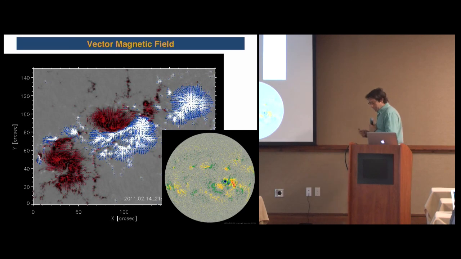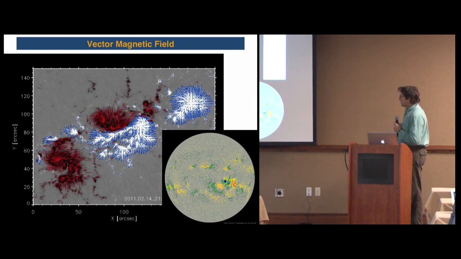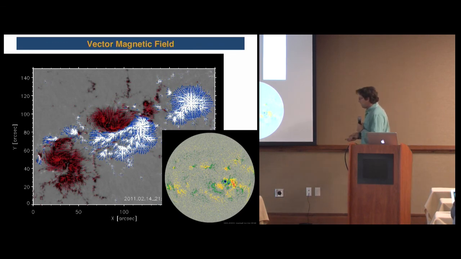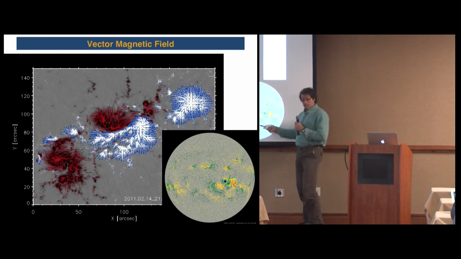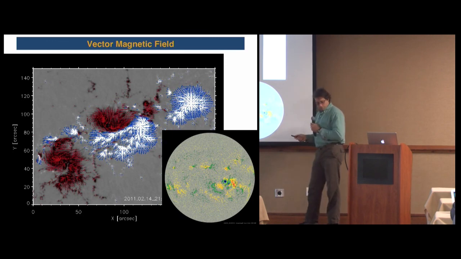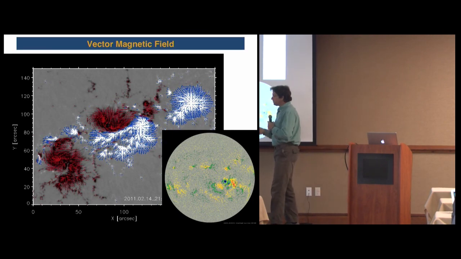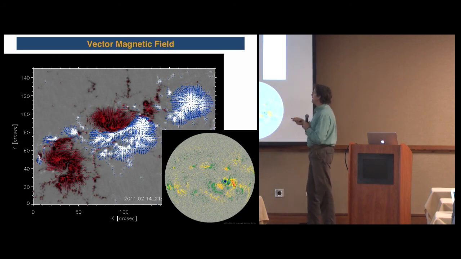So the energetic eruptions occur primarily from solar active regions. So this is an image of the magnetic sun, and this color represents the magnetic field strength on the disk of the sun. And so the red to blue are opposite magnetic polarities. And so this is a region of intense magnetic fields where you have kilogauss magnetic fields and sunspots. And this is a primary region where the magnetic field erupts. And this is a close-up of an active region showing the radial magnetic field strength at a gray scale.